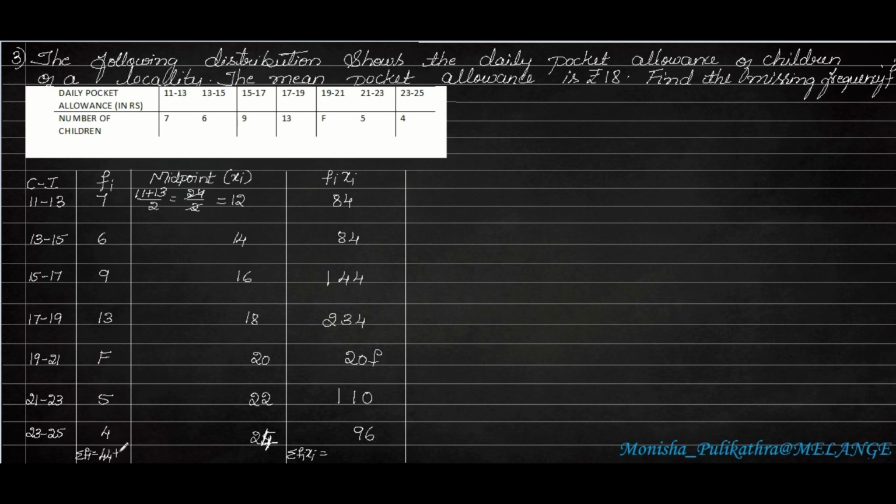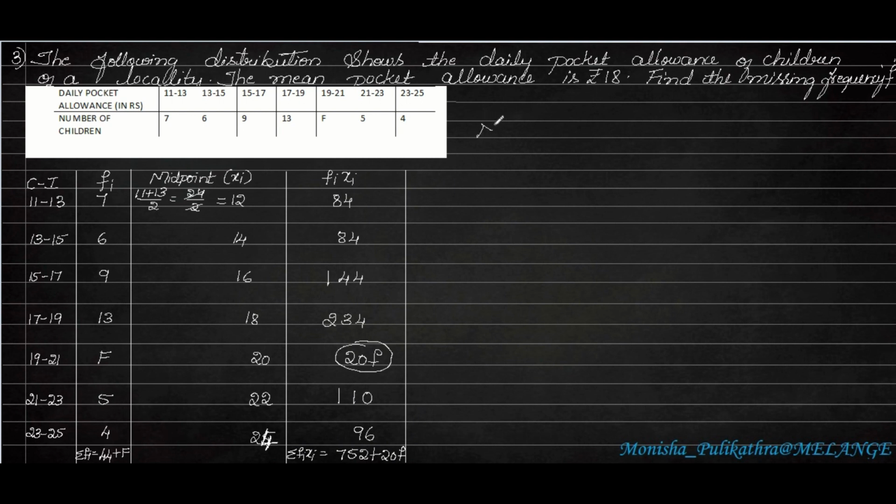We have to take that f into consideration. Okay, 44 plus f. So next, while we are adding this, we have to leave this term because there is a variable 20f. So instead of that one, we have to add all other numbers. So we will get 752 plus this 20f we have to write. So plus 20f. Okay, so this is summation fi xi and this is summation fi.